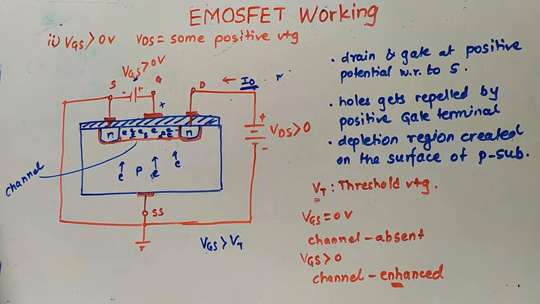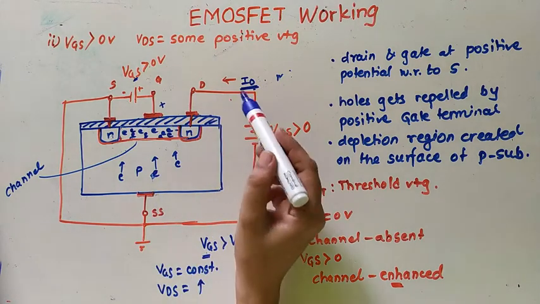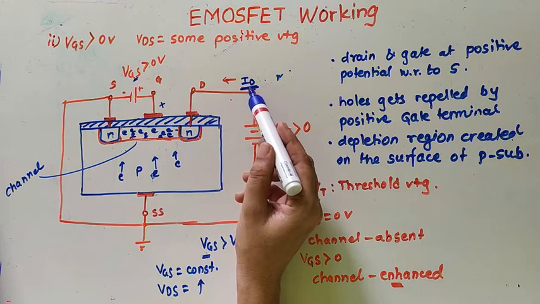Now if we keep the VGS constant, which is greater than VT, and we are going to increase the VDS, what will happen here? Due to this increased VDS, the drain current will reach its saturation level.